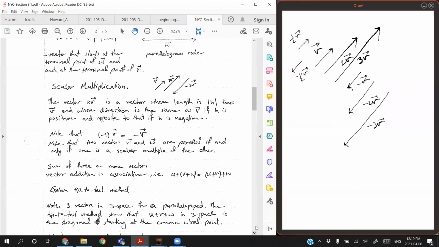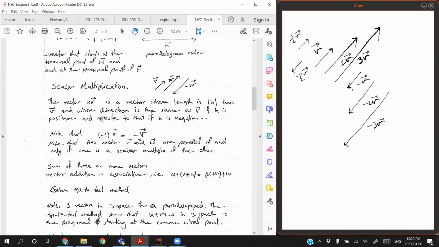And this is something called a scalar multiplication. So the vector kv is a vector whose length is the absolute value of k times the length of v, and whose direction is the same as v if k is positive, and it's going to be the opposite if k is negative.